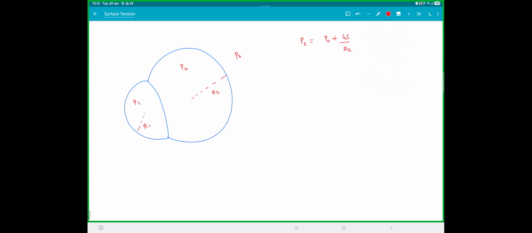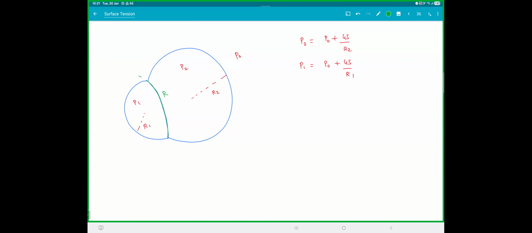Again, we just have to use the pressure thing. So we have one interface here, and we have one interface here, and this is there. Now, if you just go and stand here, ask yourself, okay, this is P naught. This is your R2. So the pressure will be P2. So P2 will be P naught plus 4S by R2. This is your R1 here, and this is P1. So P1 will be P naught plus 4S by R1.